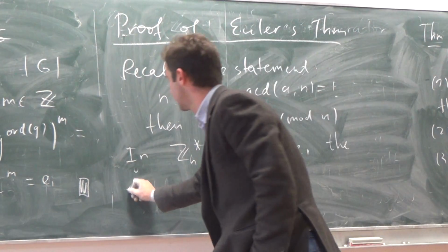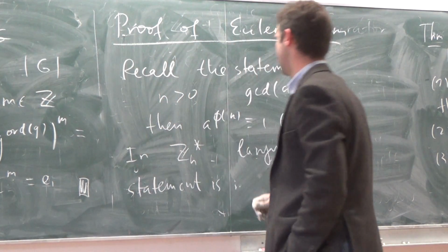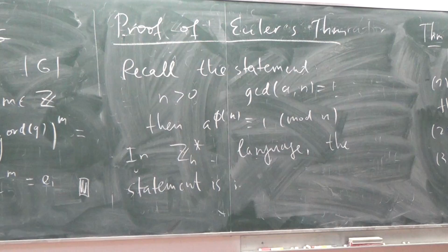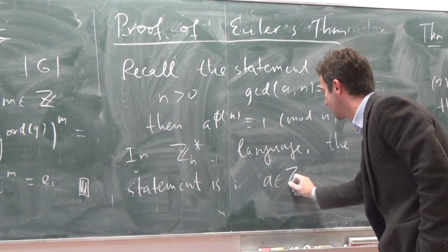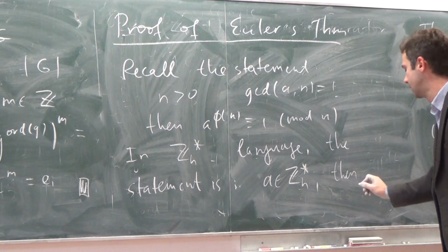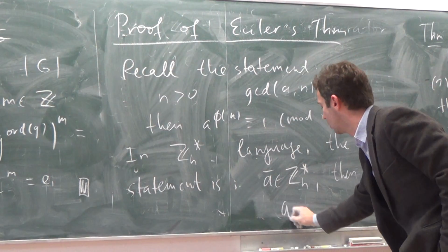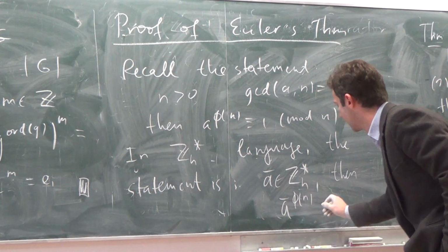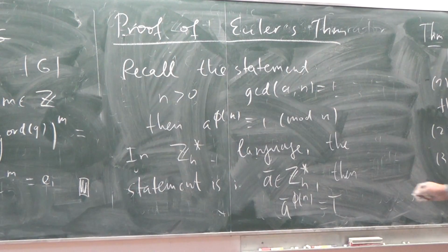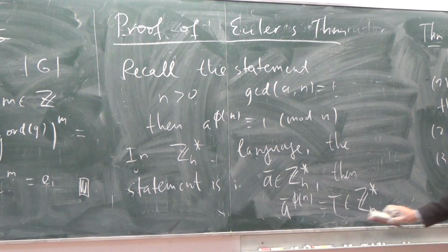The same statement we write as follows. If I have a inside Zn star, then, so I can write the bar here, then this is 1, so a to phi of n is 1 in Zn star. So we work with elements which are invertible mod n.